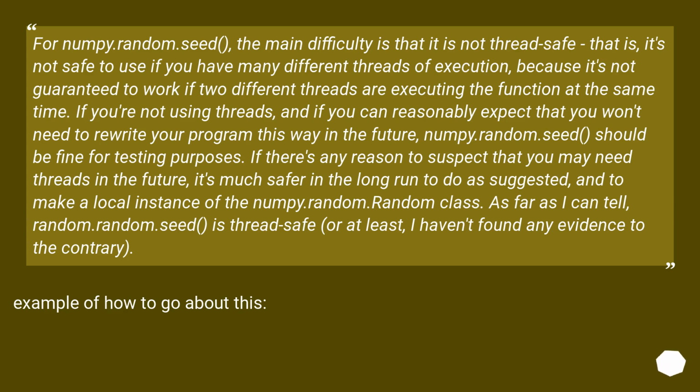If there's any reason to suspect that you may need threads in the future, it's much safer in the long run to do as suggested, and to make a local instance of the numpy random class. As far as I can tell, the local random generator is thread safe, or at least, I haven't found any evidence to the contrary. Example of how to go about this.